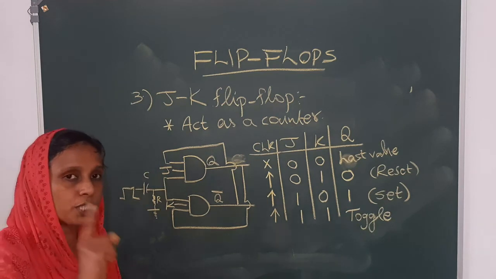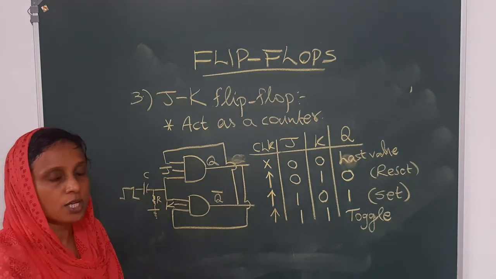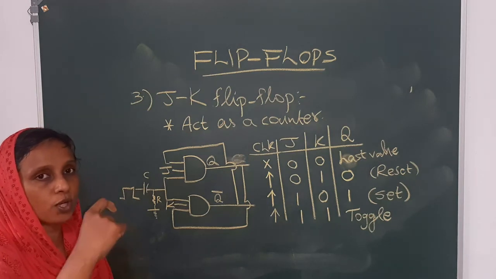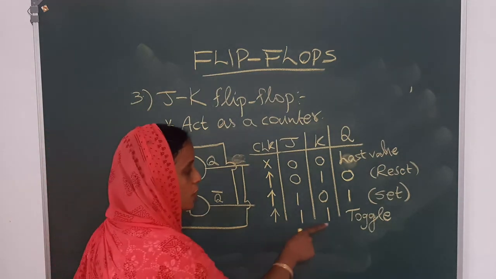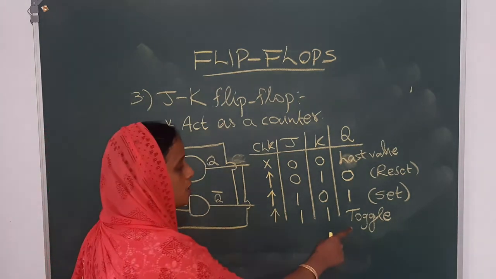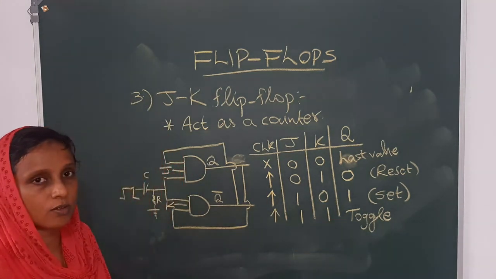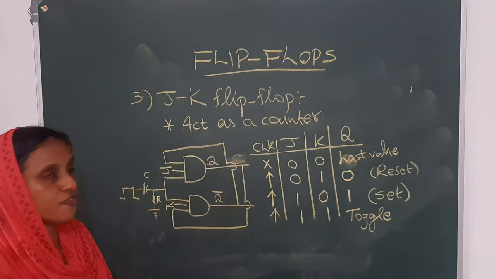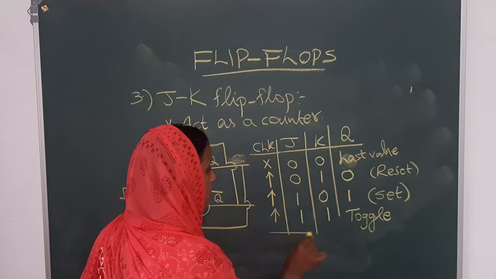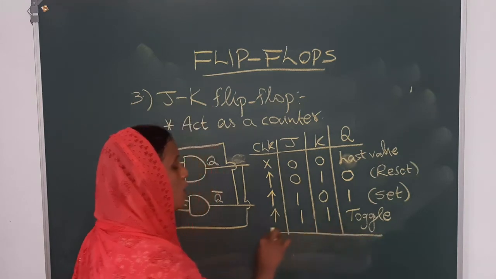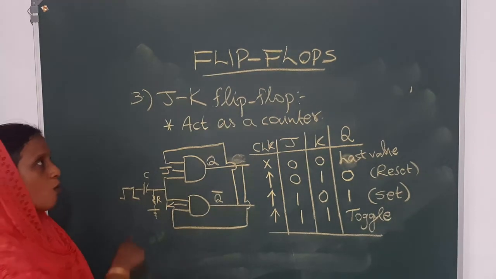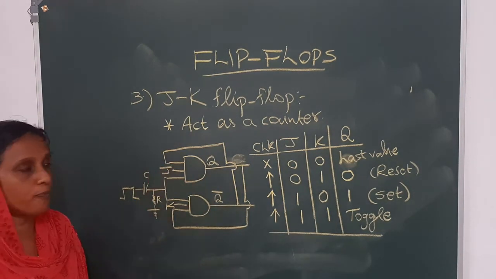That means if Q is 0, it changes to 1. If it is 1, it changes to 0. So for each positive clock pulse corresponding to these both high inputs, the outputs toggle. In the case of JK flip-flop, this is defined and is called toggling. This is the operation of JK flip-flop.